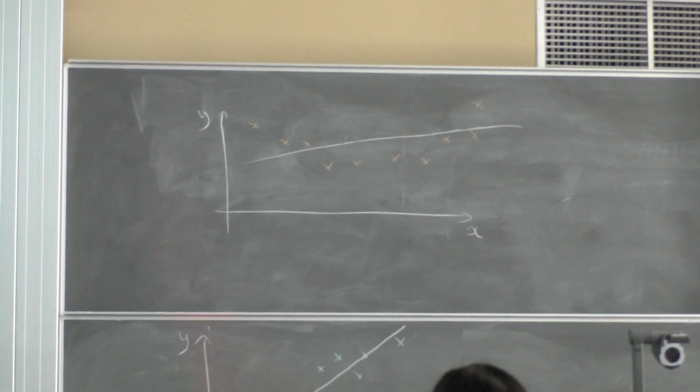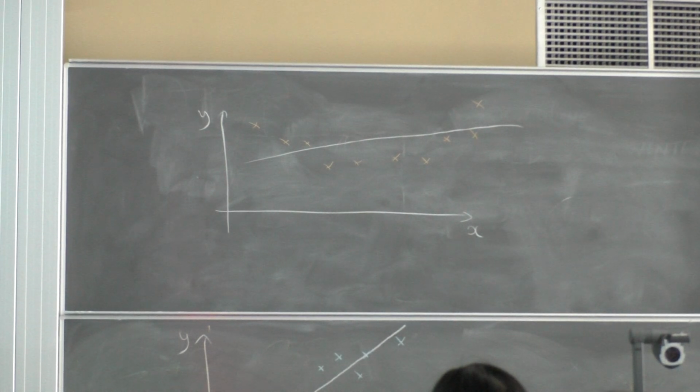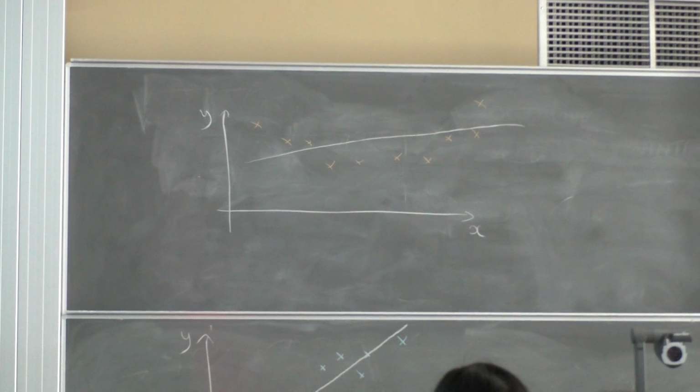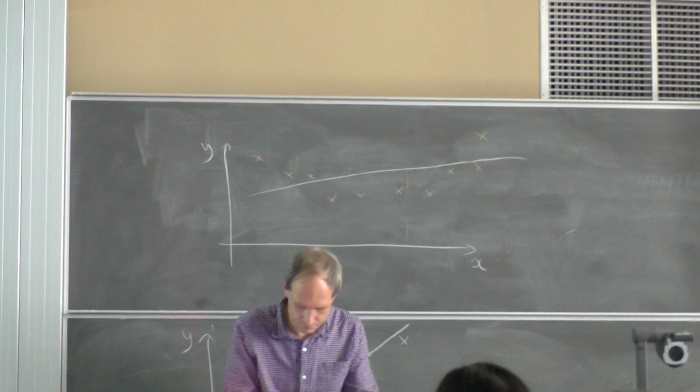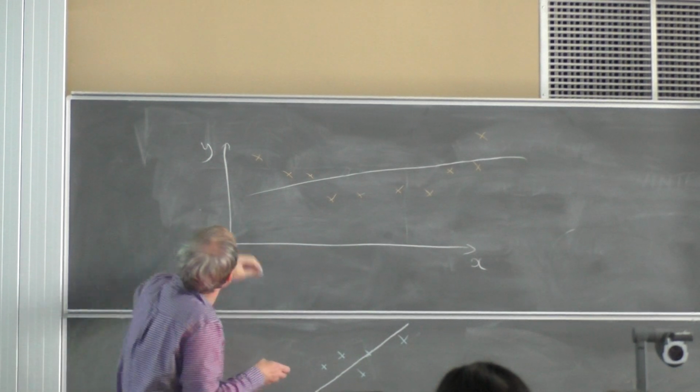It might really be the case that larger values of x tend to give larger values of y, but smaller values of x also tend to give larger values of y. So for something like that, what you probably want to fit is a curve.